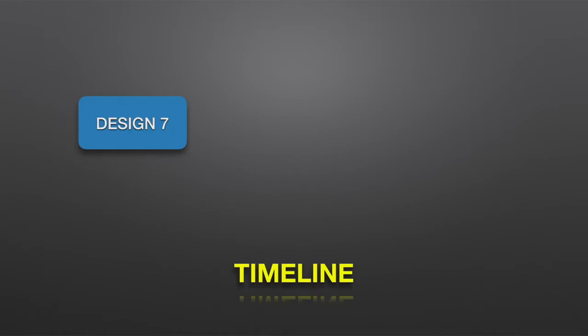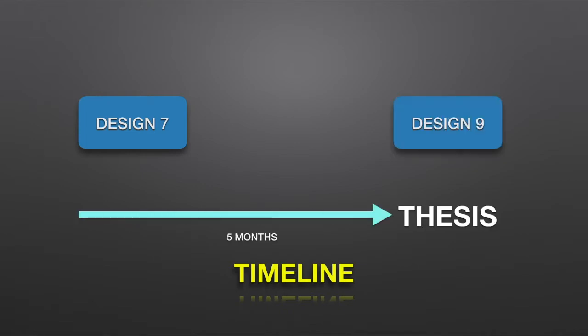For all of you in this class, you only have approximately 5 months from today to be able to qualify for thesis or Design 9. The next 20 weeks or 5 months is crucial.